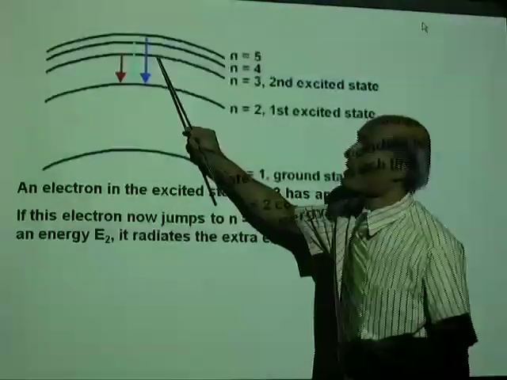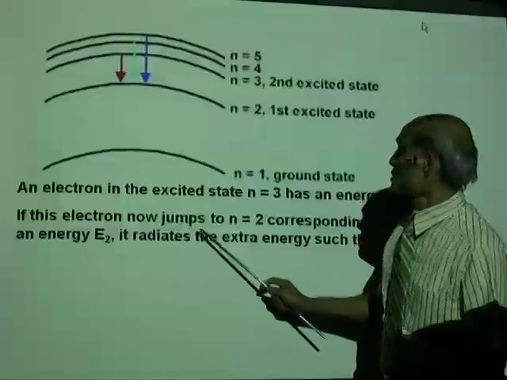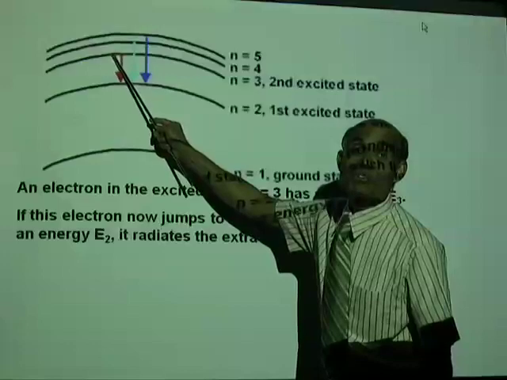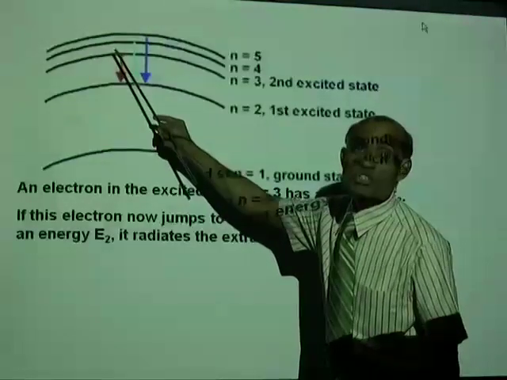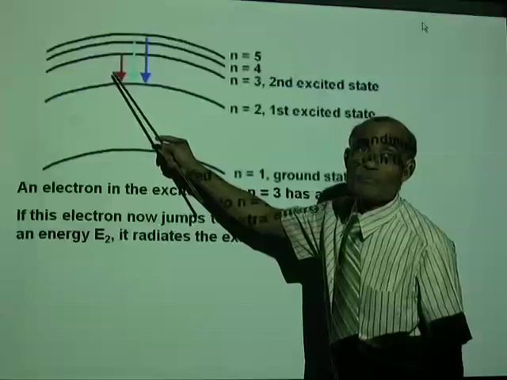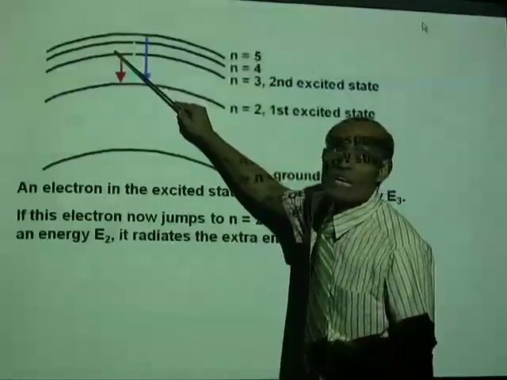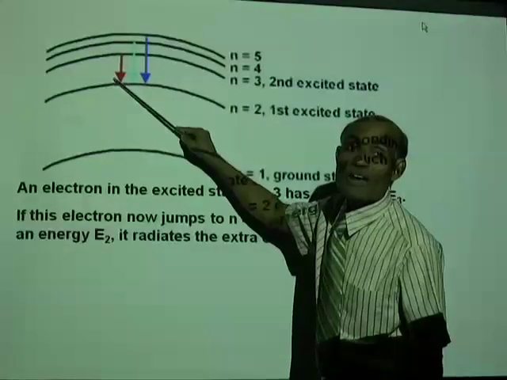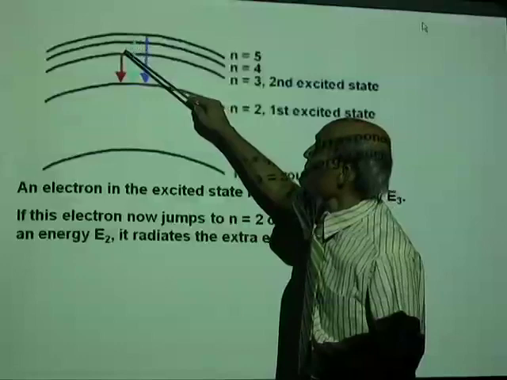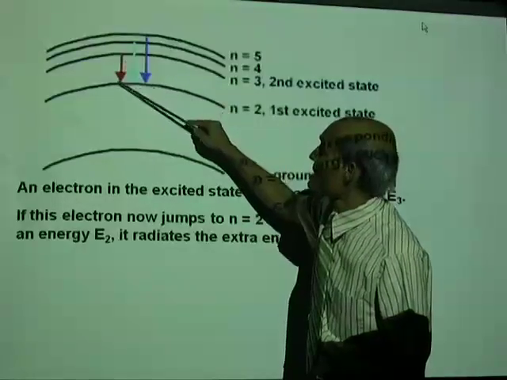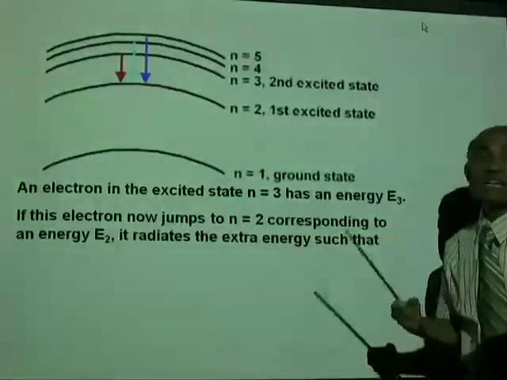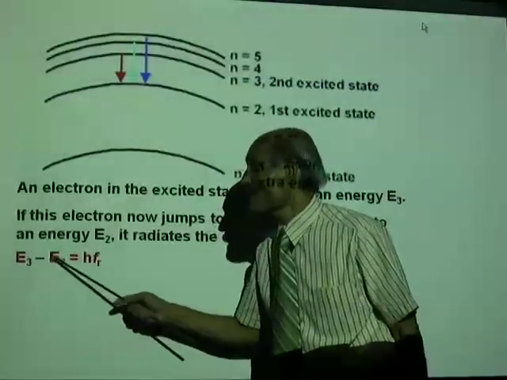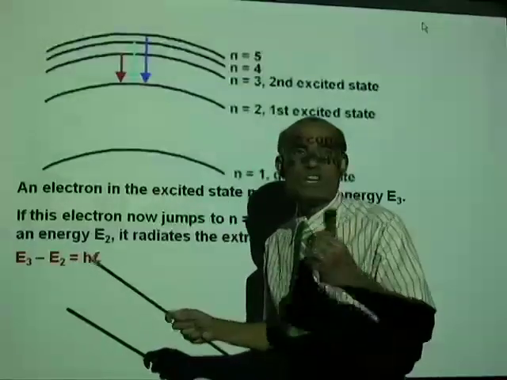Now, if this electron, which has an energy E3, jumps to n equal to 2, that means an electron here has an energy E3. If it comes here, it can only have an energy E2. So if it jumps from n equal to 3 to n equal to 2, it has to radiate or throw away a certain amount of energy. And that is E3 minus E2.